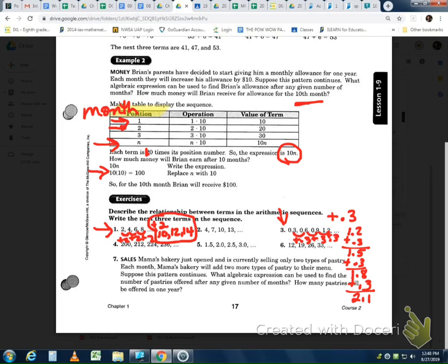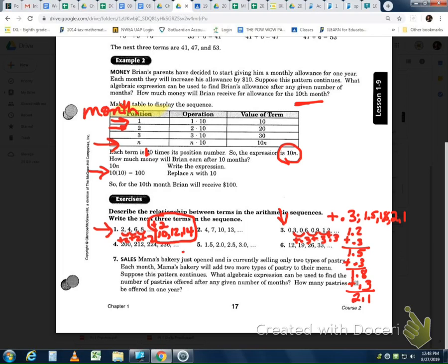So we're going to tell them the next 3 terms are what? 1.5, 1.8, and 2.1. So you figure out what the pattern is, what amount we add on each time, and then go from there.